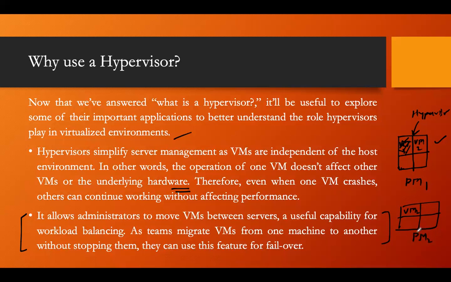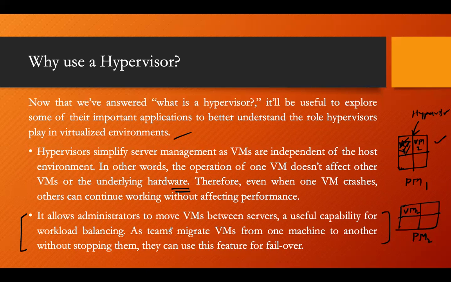So you see we have two separate physical machines. And what we want to do is migrate this particular virtual machine to this particular physical machine, right? So how is it possible? It is only possible with the help of virtualization and this hypervisor concept, right?